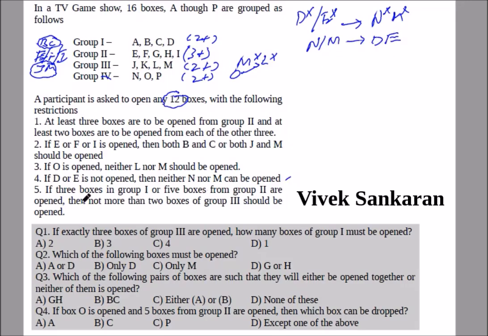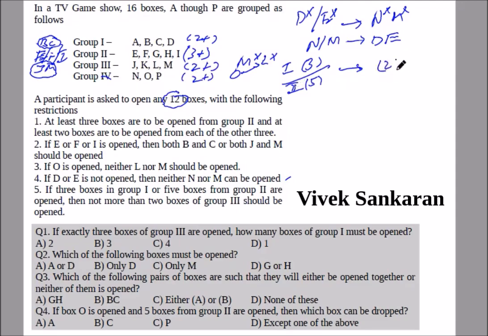Okay, if 3 boxes from group 1 or 5 boxes from group 2 are opened, not more than 2 from group 3 can be opened. So if 3 boxes from group 1 or 5 boxes from group 2 are opened, then not more than 2 can be opened from group 3, and you need to open at least 2, so you'll have to open exactly 2.